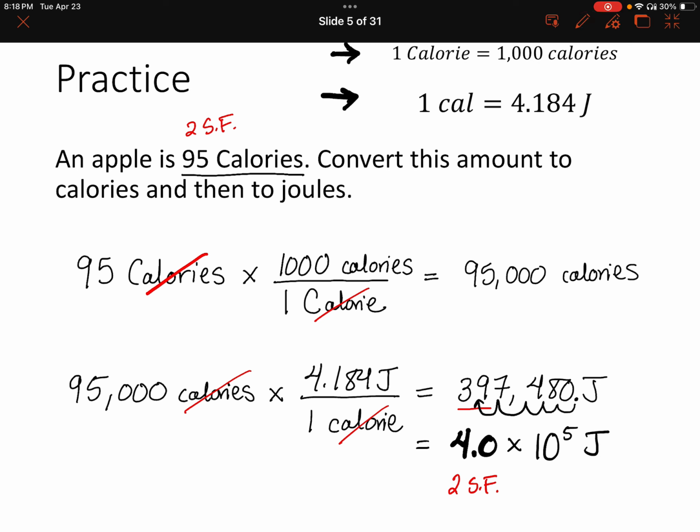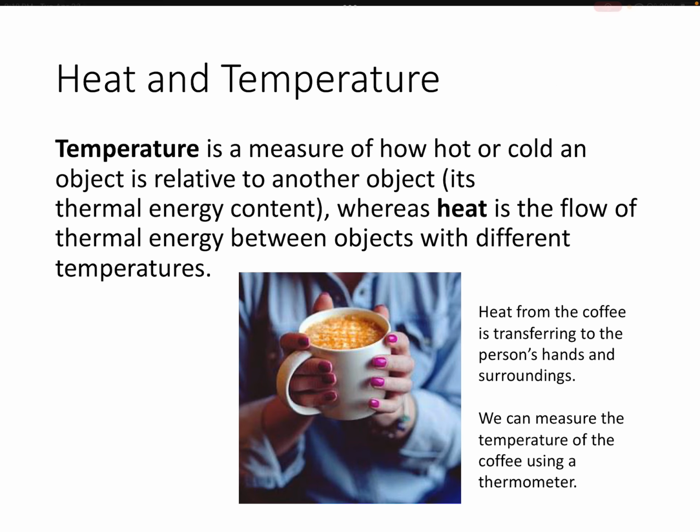Okay, so hopefully not too bad, especially after last chapter where we did a lot of conversions. But let's move on to heat and temperature. So temperature is a measure of how hot or cold an object is relative to another object. So this could be referred to as the object's thermal energy content. And heat is the flow of thermal energy between objects with different temperatures.